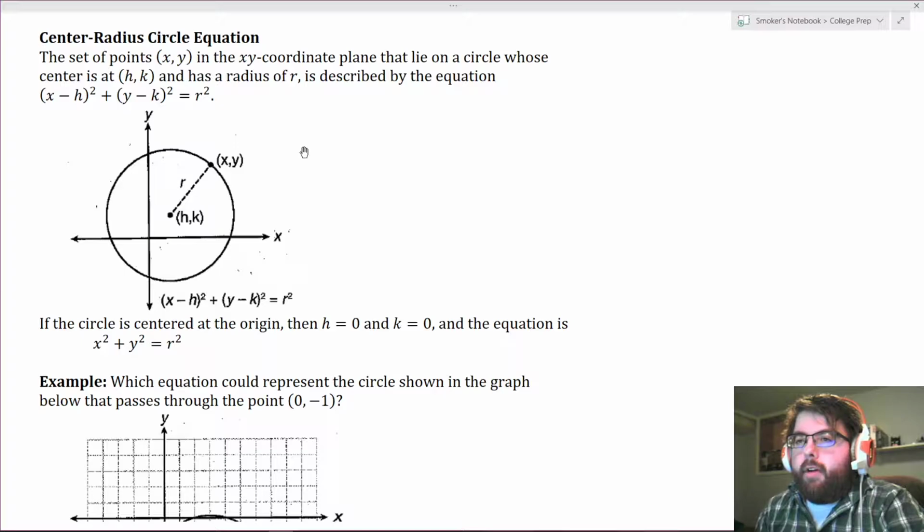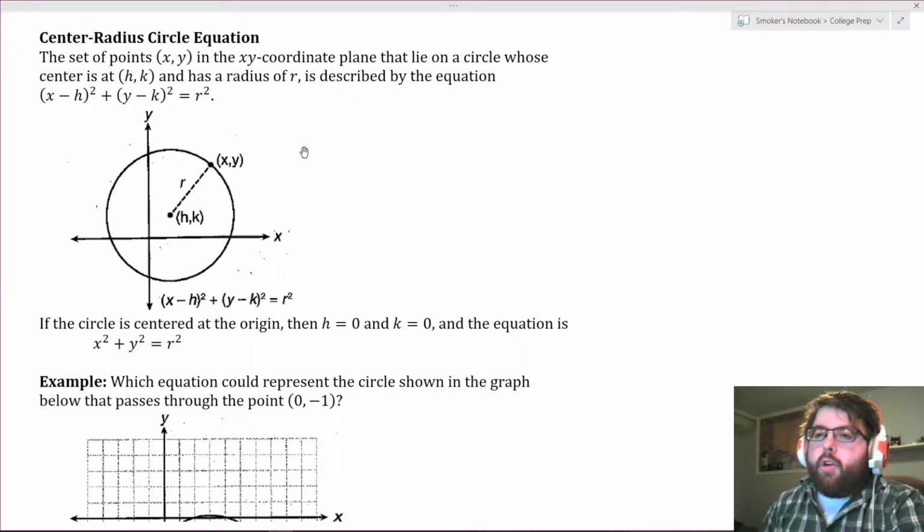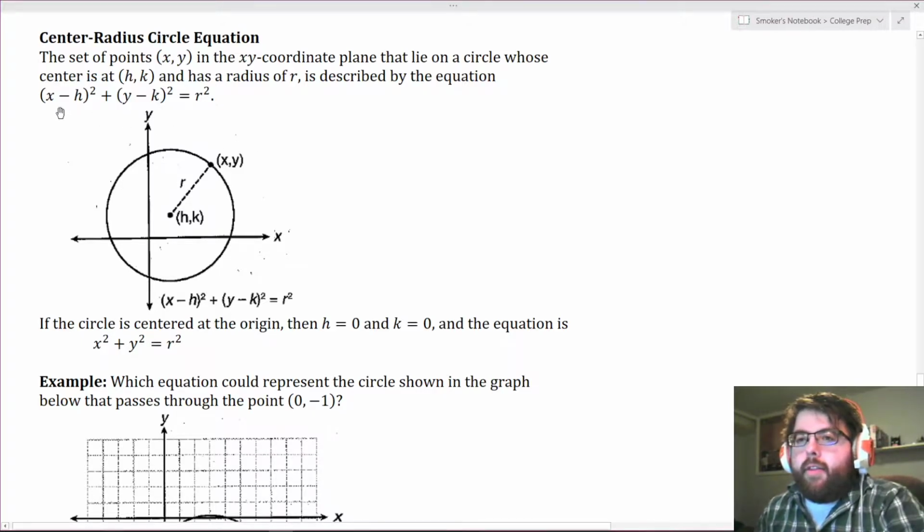So here we go. The equation of a circle is this mess right here. Do you see this mess that I highlighted? (x - h)^2 + (y - k)^2 = r^2. Now, what do all these variables mean?